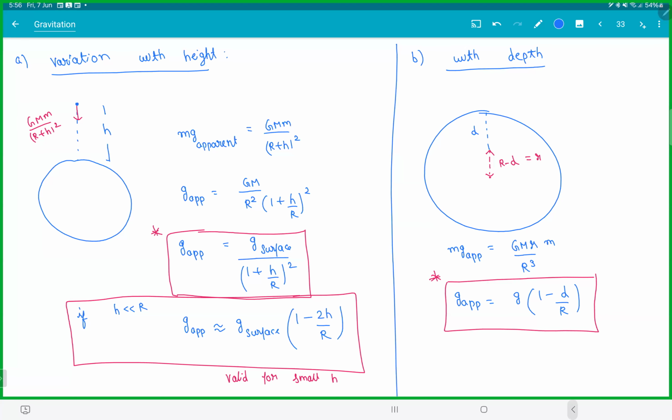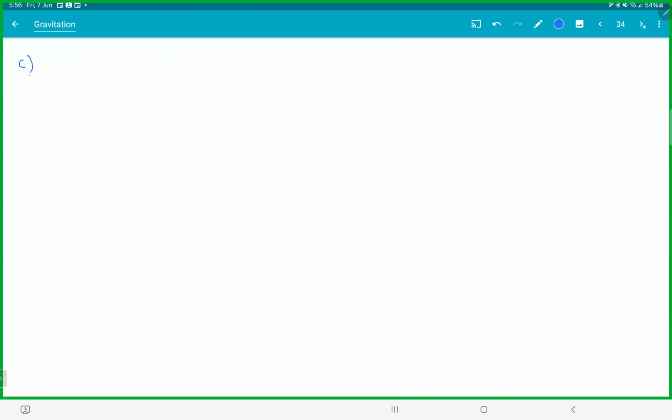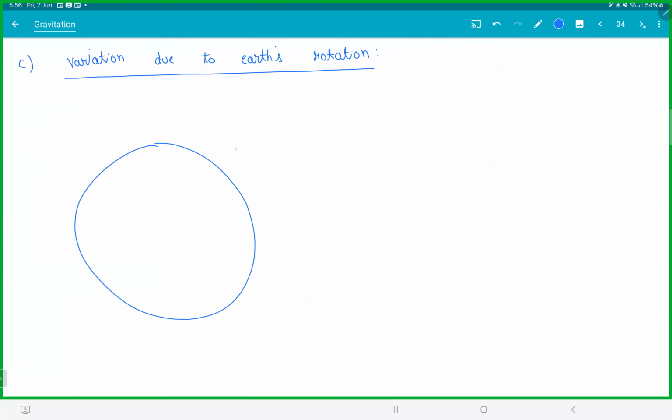variation because of Earth's rotation. We have done this in circular motion. If you take a person somewhere here, this is theta. So theta is called the colatitude angle.